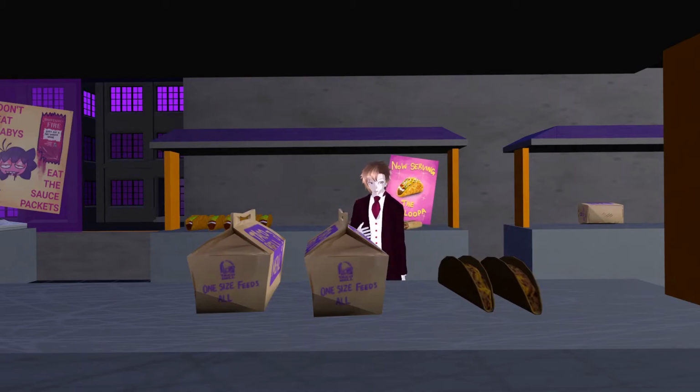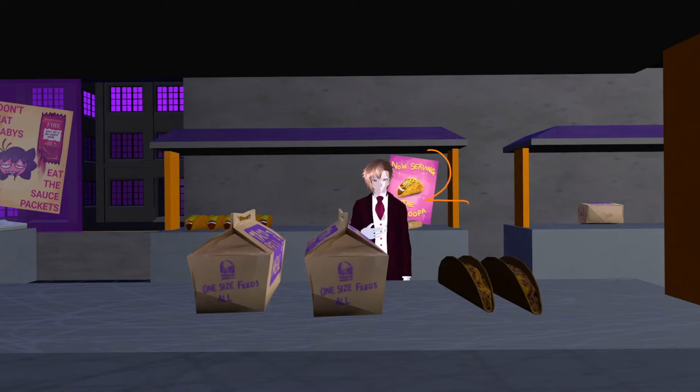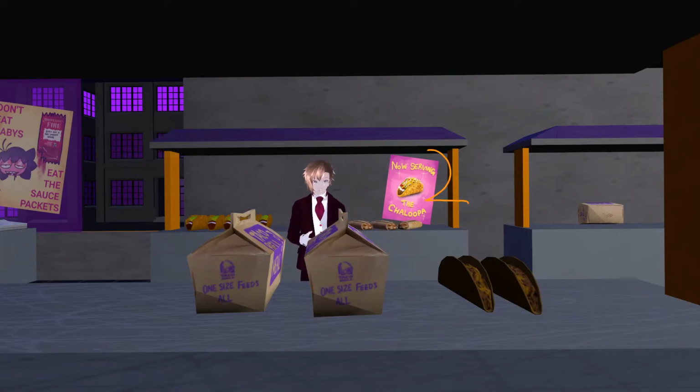Here I have 2 boxes of tacos and I also have 2 tacos. Now remember before we described our 2 tacos just with the number 2. And when I have my 2 boxes of tacos, I represent that with 2 times B.